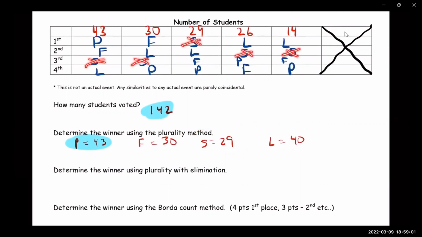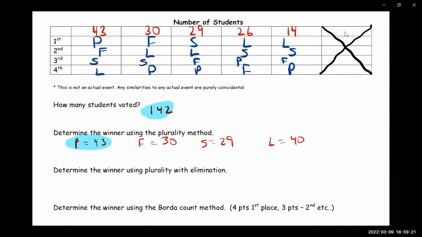And then by the time we got to just the first and second place, L was the winner because L had the 30, the 29, the 26, and the 14 by the time we were done. Oh, okay. Because I'm wondering, are you even supposed to eliminate if there's a winner the first round?